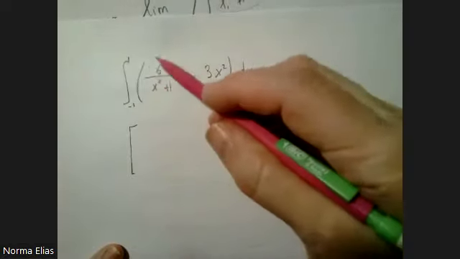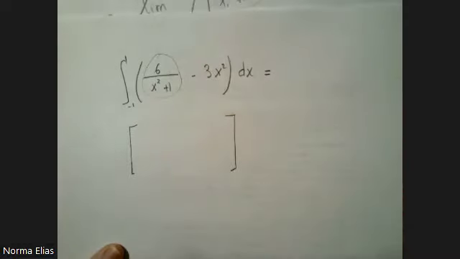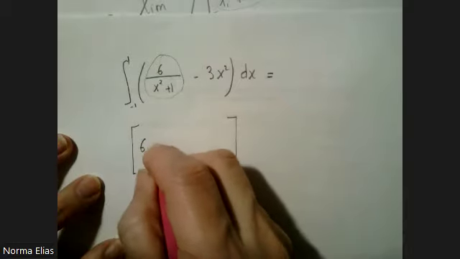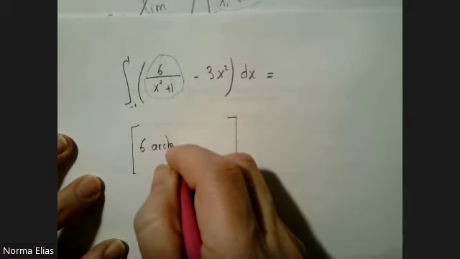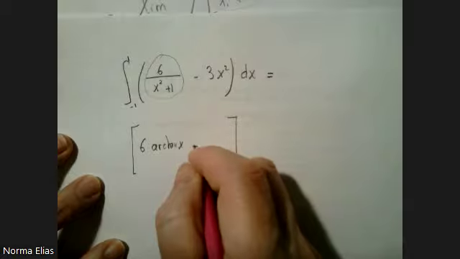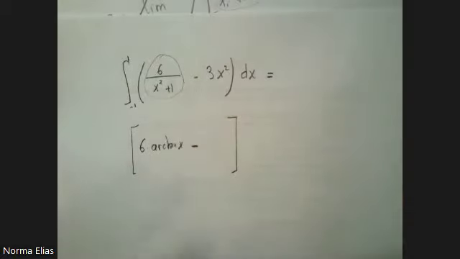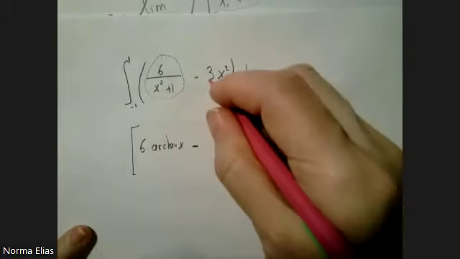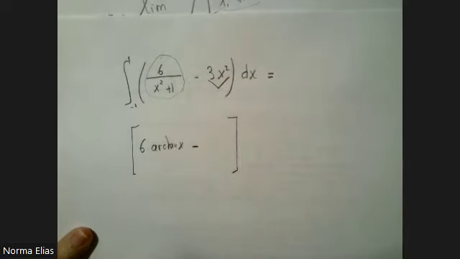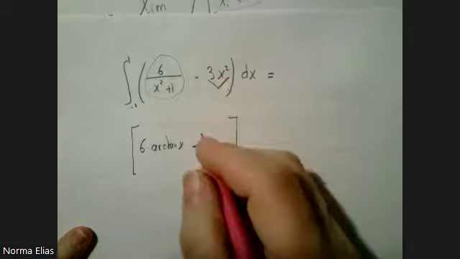This one. Do we know the antiderivative of this piece? Now I go back to you. What's the antiderivative of this one? That's the arc tangent. It's 6 times arc tangent x minus. So whenever we have to integrate, we look: can we do it? What's the antiderivative of 3x squared? 3 is a constant.